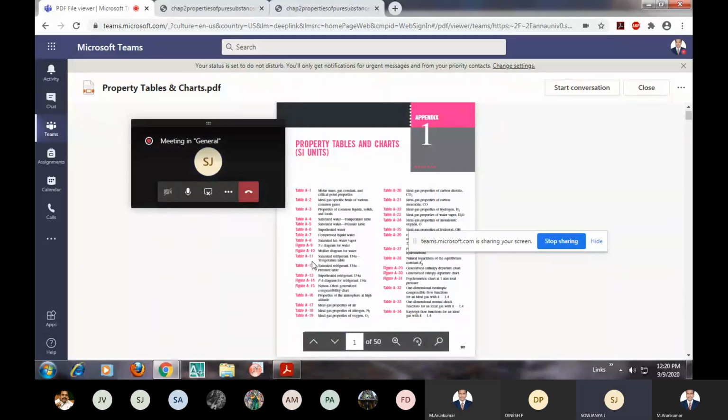Look at table A11 here. If it is superheated, we have to use table A13. So just refer to tables A11, A12, and A13 for refrigerant 134A. Okay, that's fine. Thank you, sir.